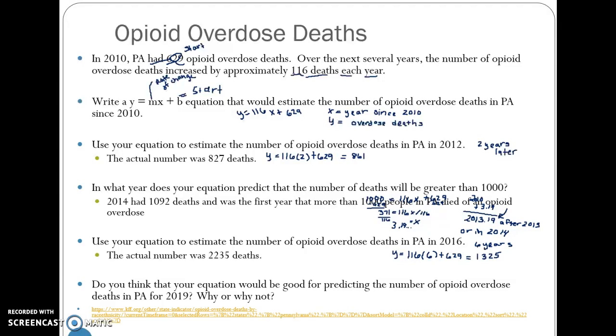And then we're asked here, do you think that your equation would be good at predicting the opioid overdose deaths for 2019? And I would say no. It was not good at predicting 2016, so I don't see that this would still be valid for 2019.